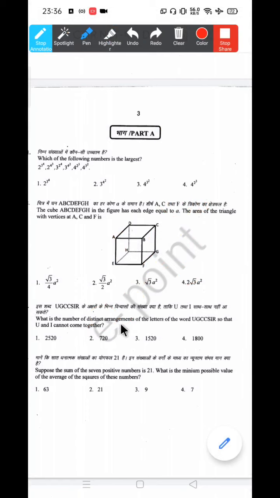What is the number of distinct arrangements of the letters of the word UGCCR so that U and I cannot come together? Okay, so U and I cannot come together. That means suppose I am having it like this. How many people are there? 1, 2, 3, 4, 5, 6, 7.